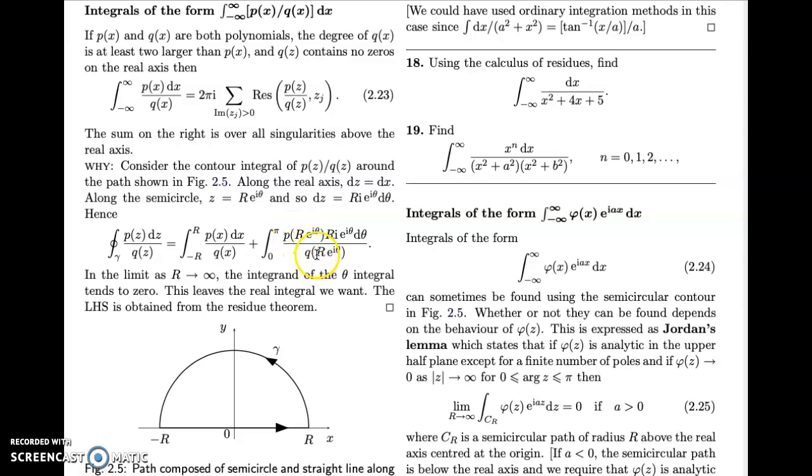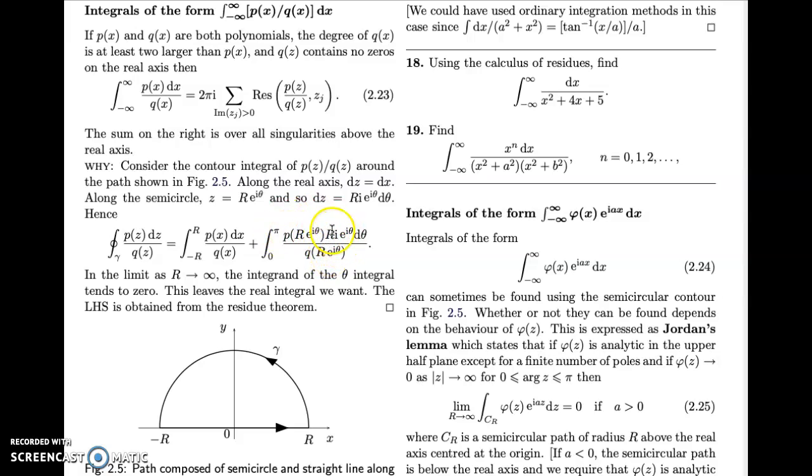Now, if Q is of degree 2 more than P, then if you think what's going to happen, we're looking as r goes to infinity. Basically, the highest term of Q will be some power of r, which is going to be 2 powers higher than the highest term of P. And then we multiply by another r, but still we're going to have at least 1 power of r higher here than we have combined here.